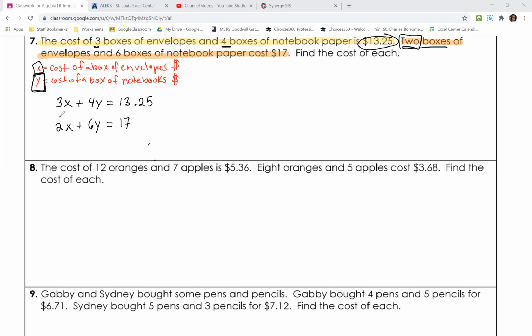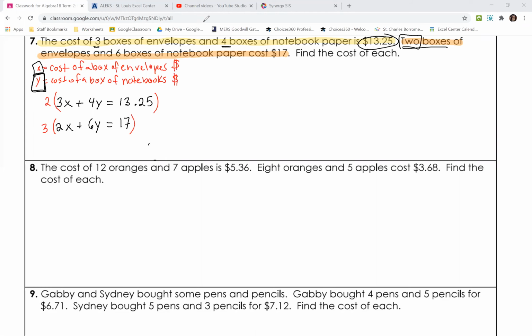So what I have to do is multiply both equations. I'm going to multiply this equation by the 2, and I'm going to multiply this equation by the 3. This way, I'll have common coefficients.